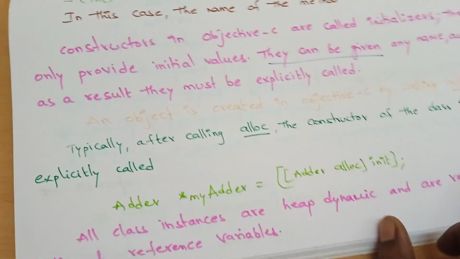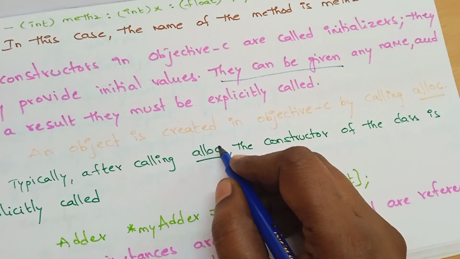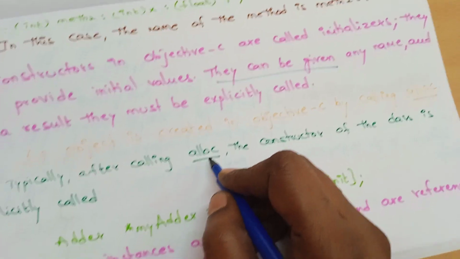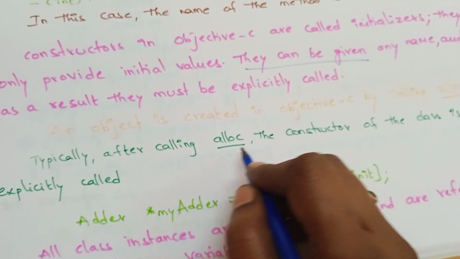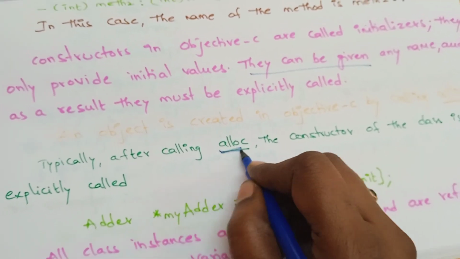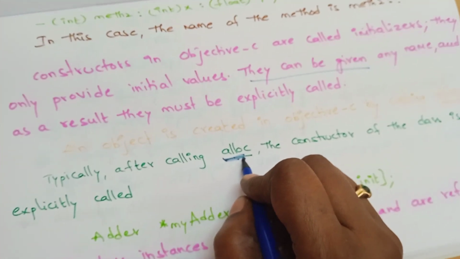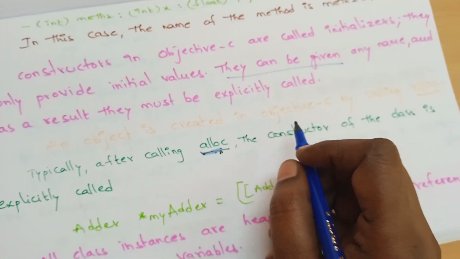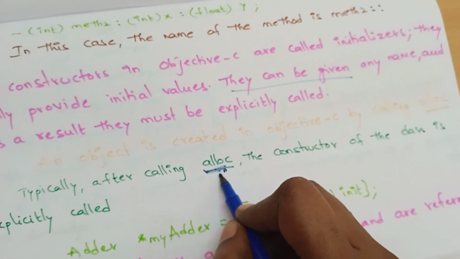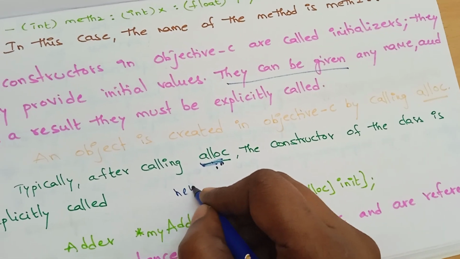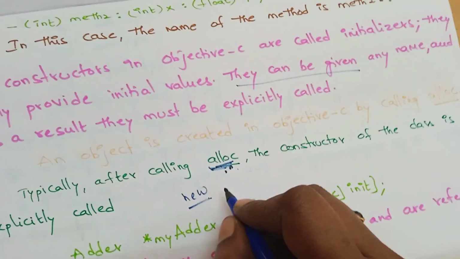An object is created in Objective-C by calling alloc, allocation. In Java and C++ we use the new operator, but in Objective-C we use alloc.